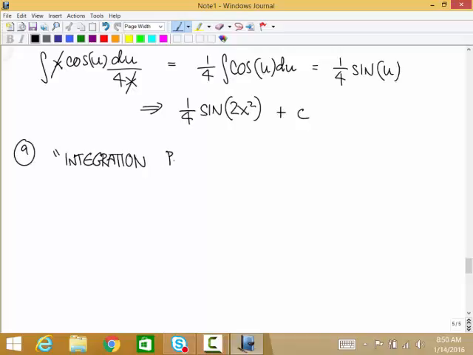But that's the one that says the integral of u dv is equal to uv minus the integral of v du, and you can derive that directly from the product rule.